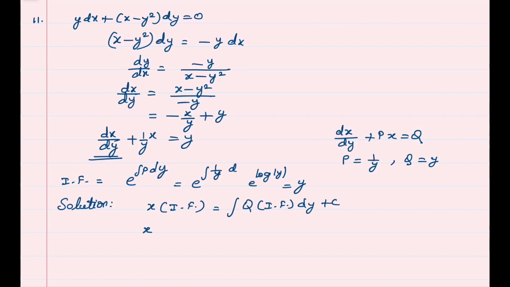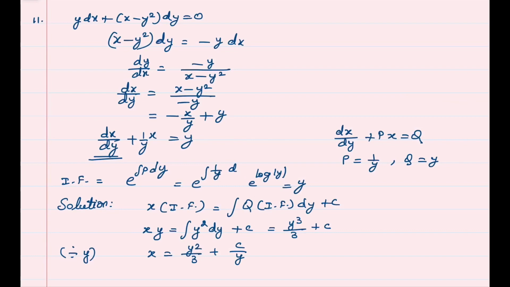Integrating factor is y equal to integral q is y and integrating factor is also y. It becomes y square dy plus c. And integral of y square is y cube over 3 plus c. We will divide throughout by y. We get x is equal to y square divided by 3 plus c divided by y.